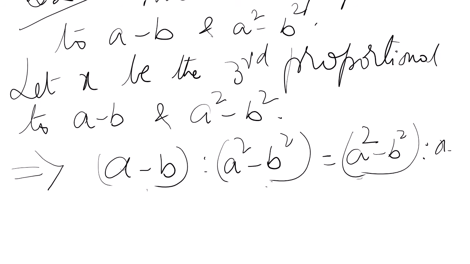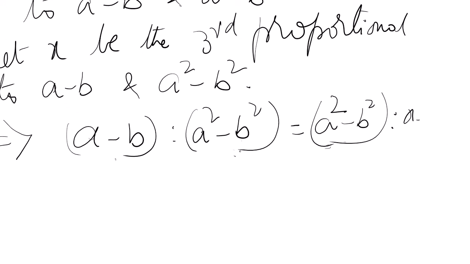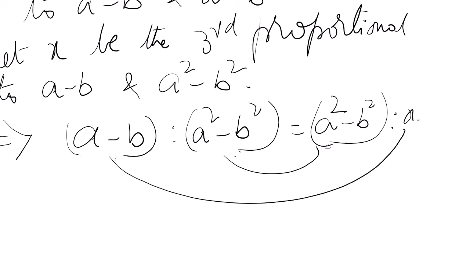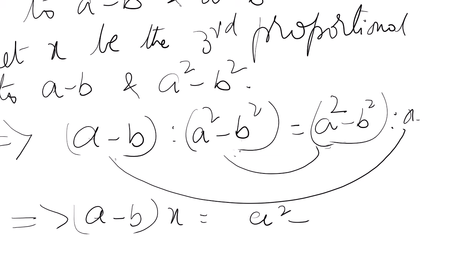First, second and third: the middle terms, the second, both are the same, then x becomes the third. So the product of the extremities is equal to the product of the middle ones. So this implies a minus b into x is equal to a square minus b square whole square.